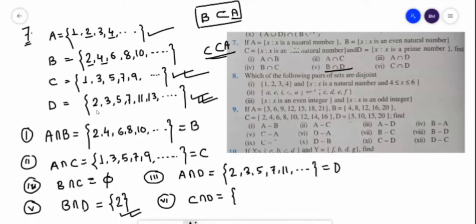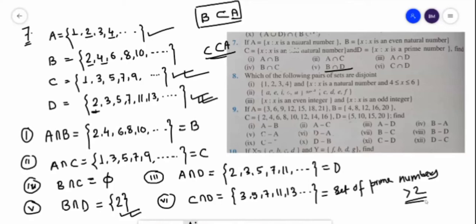So what we have to write is that we have to exclude this 2 only. From the set D, we write 3, 5, 7, 11, 13. This is the set of prime numbers minus 2, actually 2 will not be there. This is the set of prime numbers greater than 2. Okay, this is number 6.